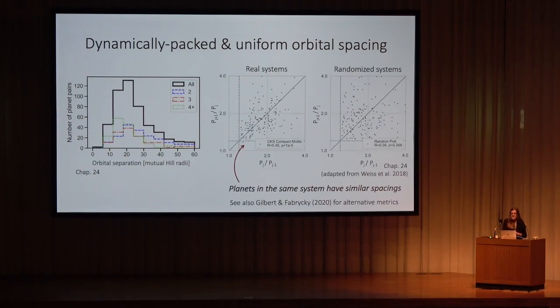We can go to another level of complexity and examine the correlations between the period ratios of planets within the same system. So this plot in the middle shows the relationship between the period ratios of adjacent pairs of transiting planets from compact multis from the California Kepler survey. A clear correlation can be seen here and is statistically significant.